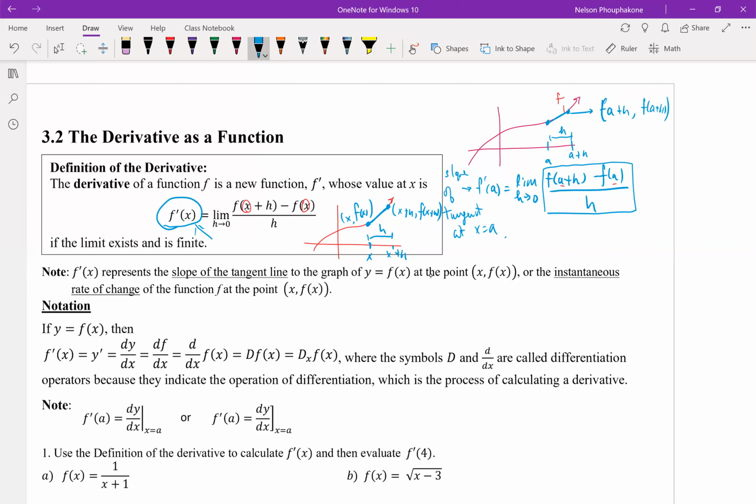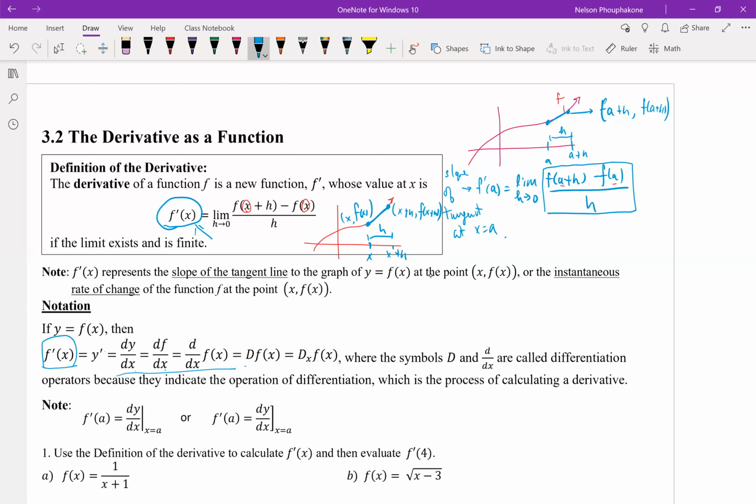Okay, right now I would like to talk about the notation for the derivative. If y equal to f of x, then sometimes we use f prime of x, sometimes y prime. We have dy dx, df dx, d dx of f of x. These are what we often use in calculus.